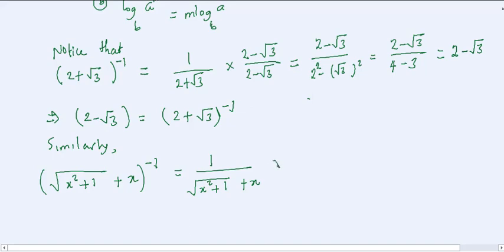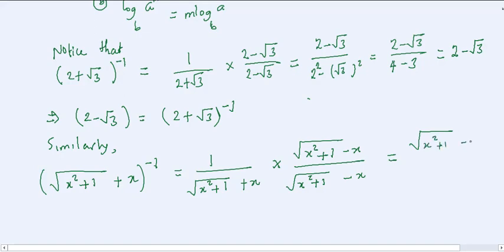So this one will be multiplied by square root of x squared plus 1 minus x all over square root of x squared plus 1 minus x. At the same time, this will give me square root of x squared plus 1 minus x all over, then I have difference of 2 square, square root of x squared plus 1 all square minus x squared.